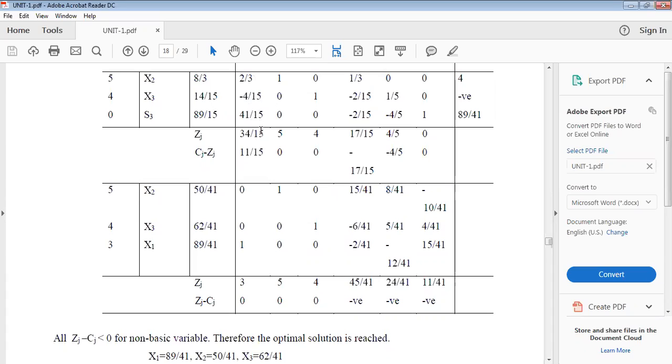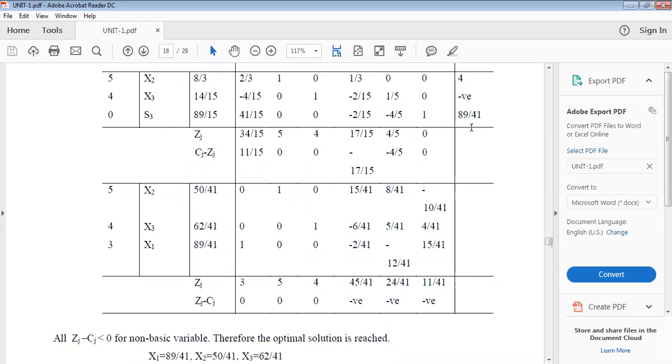You mark this as the entering column and identify the key element by carrying out the ratios. 8 by 3 divided by 2 by 3, so you got 4. 14 by 15 divided by minus 4 by 15 is negative, hence you should not consider it. You should not consider negative or 0. Next, 89 by 15 divided by 41 by 15, so automatically 89 by 41, isn't it?